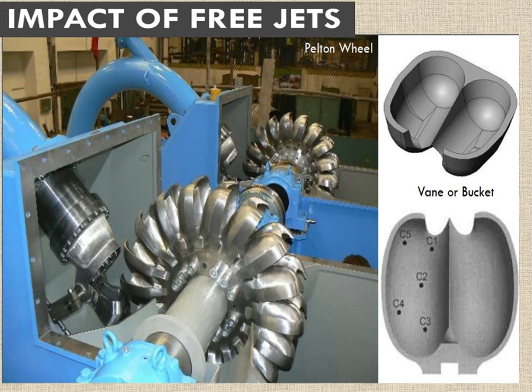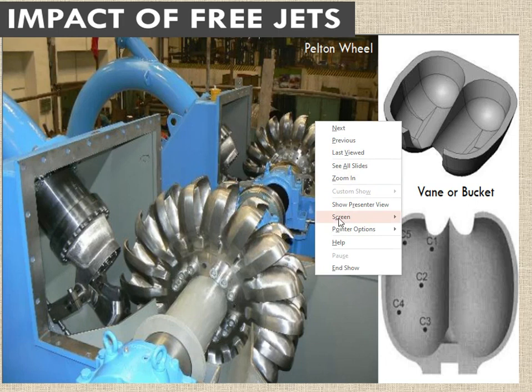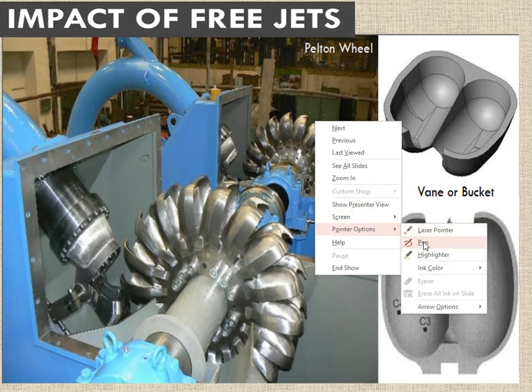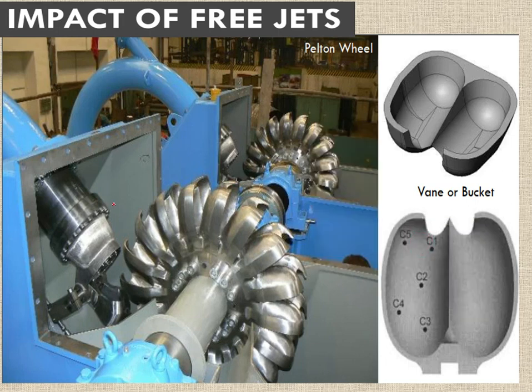So here you can see a picture. Let me highlight it for you. So this is basically the jet, and this is the jet you can see. So here the water jet is basically exerting force on a rotating wheel.